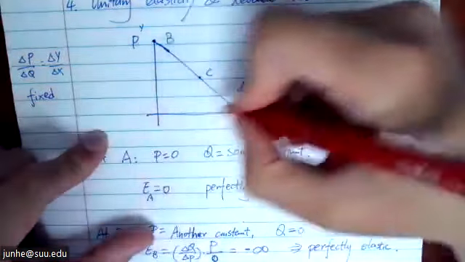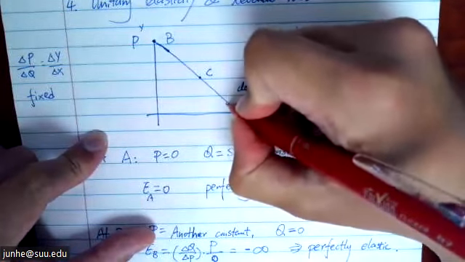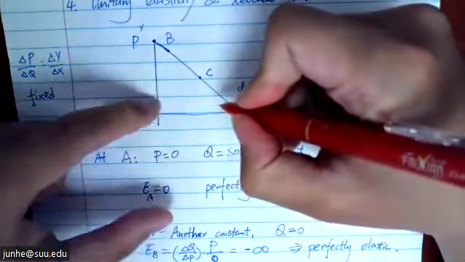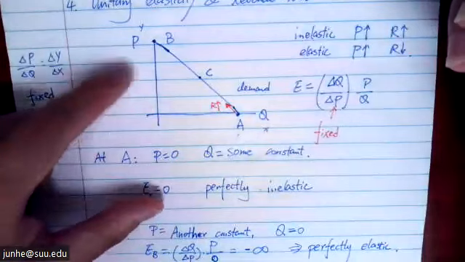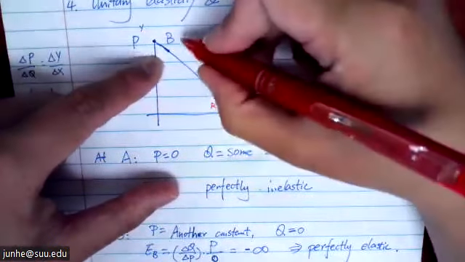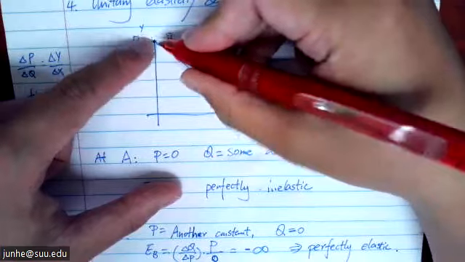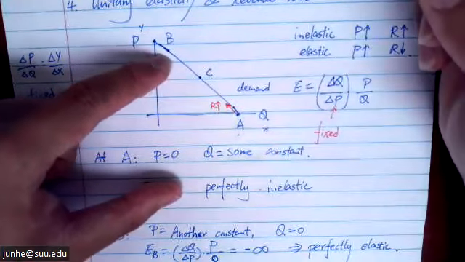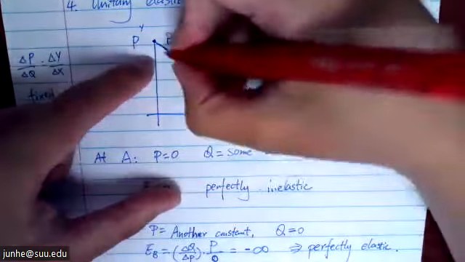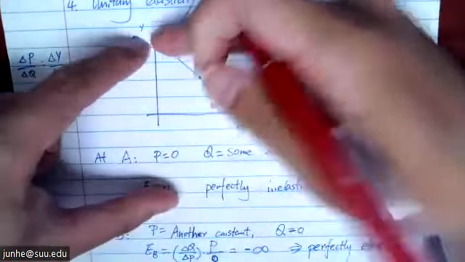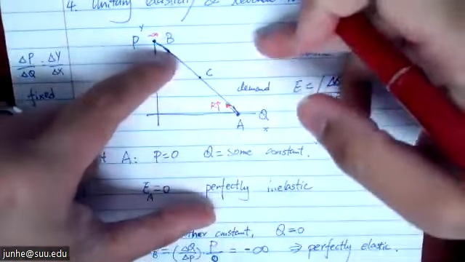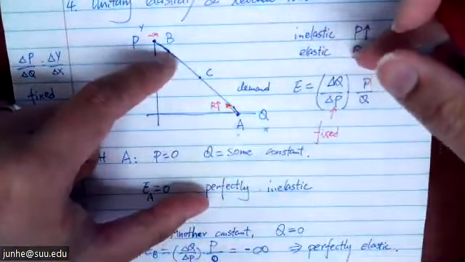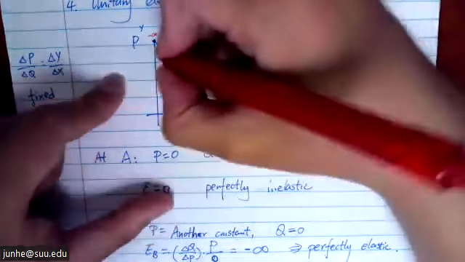Coming from A along here, your height, which is price, is increasing, so your revenue should be increasing. But near B, if you increase your price, you're in the elastic part, because B itself has negative infinity elasticity. You're close to B, so it's still very elastic. Price increase, revenue should decrease.